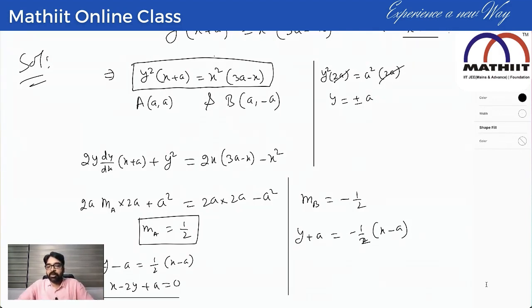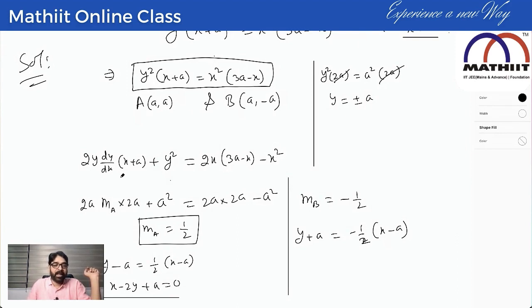Does somebody have some doubt? If any doubt, please mention it in the chat. This differentiation, if anybody is having a problem: differentiation of y squared is 2y dy by dx into this, plus differentiation of this, 1, into y squared, equal to differentiation of x squared, 2x into this, plus x squared into differentiation of this, minus 1 minus x squared.